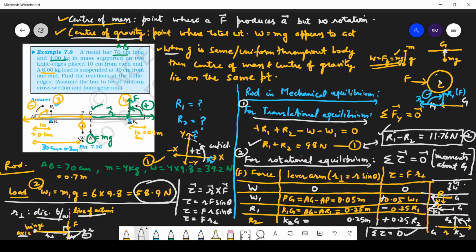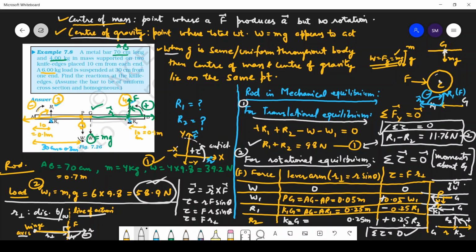This equation is summation tau equals to 0. So what is summation tau? Adding all the taus. So I have 4 taus: 0 plus 0.5 into 58.9, this is your W1. So 0 plus this plus this plus this.